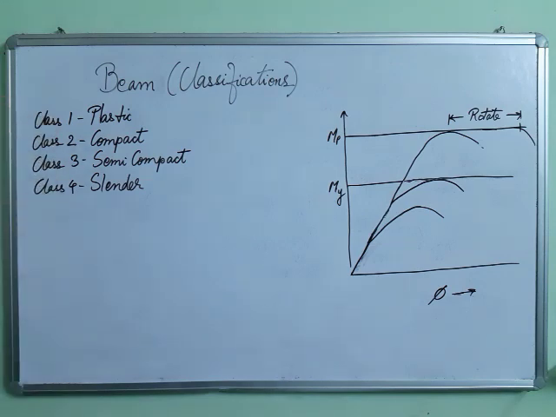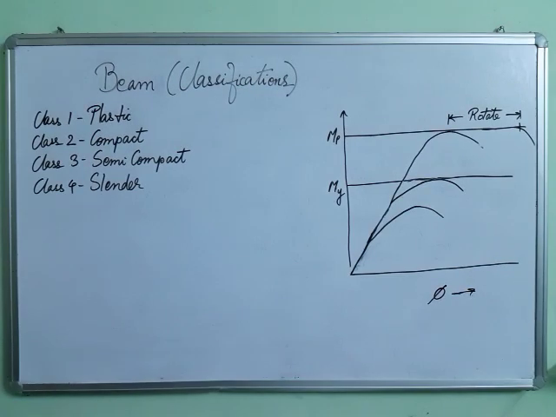Okay, now let us go into the characteristics of these four classes. Now see here, let us go from the bottom, class 4. So it is said as a slender section. What does it mean?